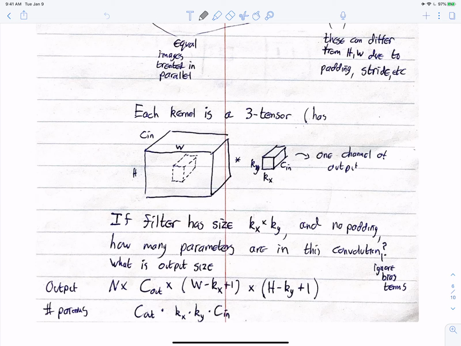Now, I encourage you to think about what happens if I add bias terms. Here we had a linear operator A acting on input, and so with a bias it is really A acting on input plus B. Then you can think about how many parameters are in that bias term.